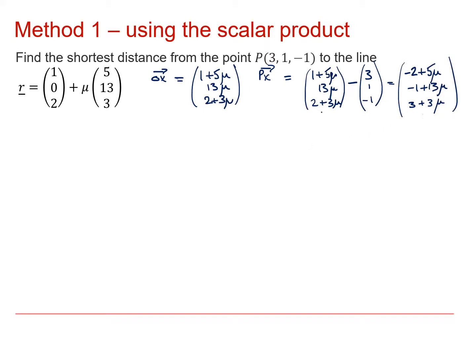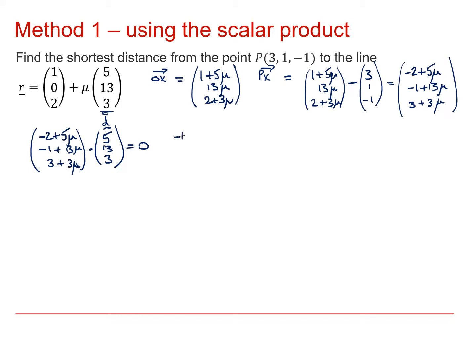And now I want to use the fact that I want PX to be perpendicular to this direction of the line. So I want (minus 2 plus 5 mu, minus 1 plus 13 mu, 3 plus 3 mu) dot (5, 13, 3) to be equal to 0. So let's do the dot product.